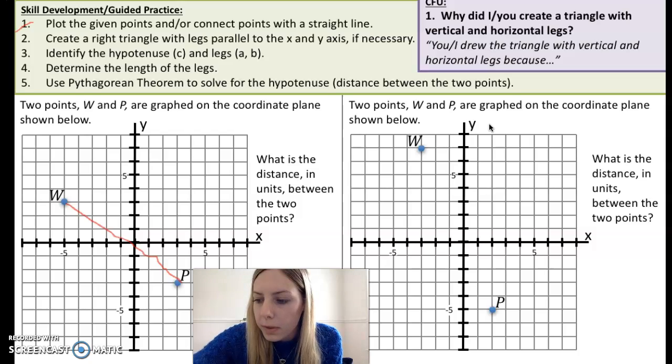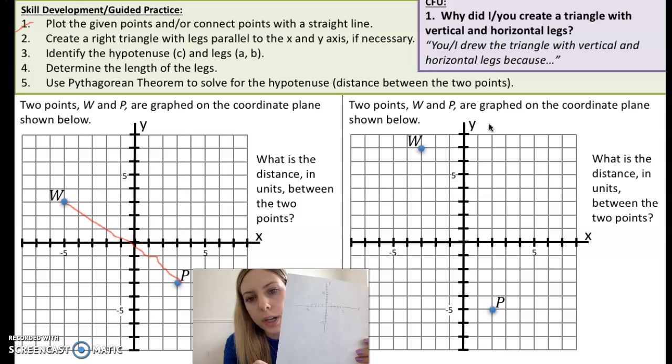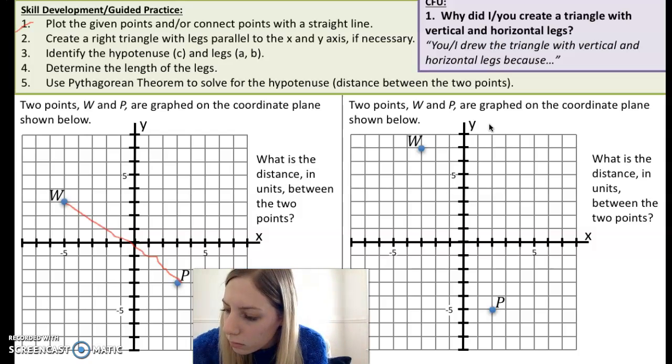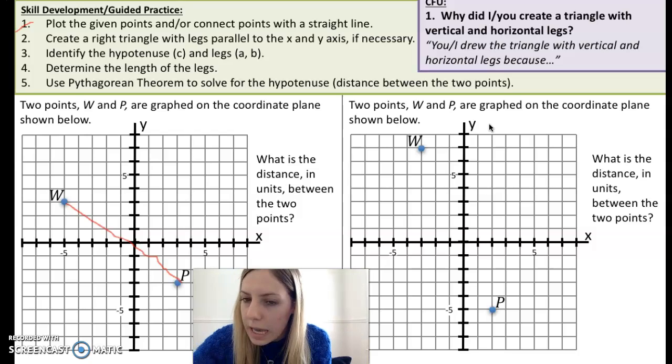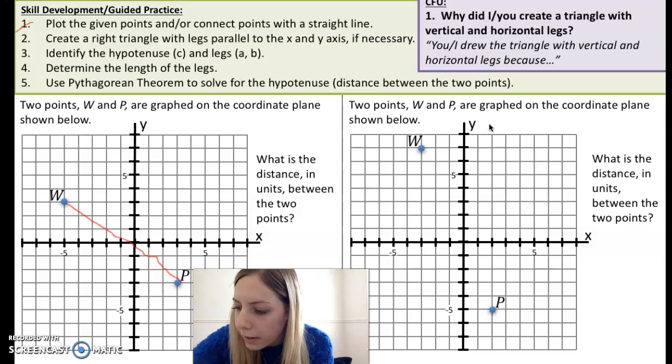So the first thing I want you to do is draw W and P on your graph. So W is located at -3, +7. I'm drawing this with you. And P is located at 2, -5.